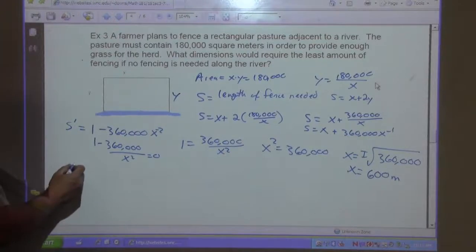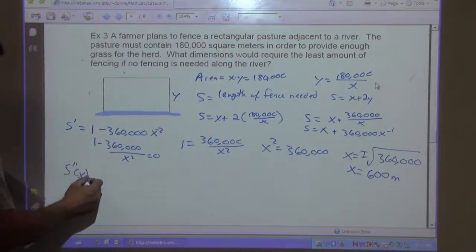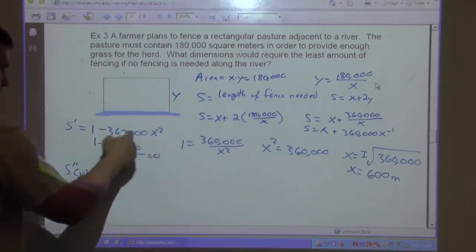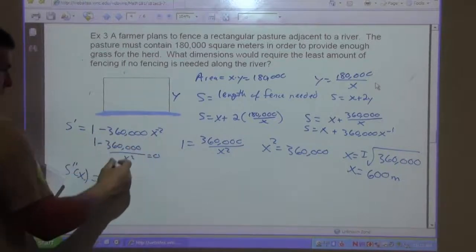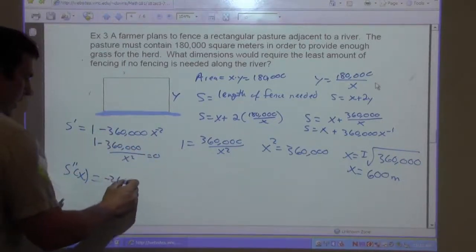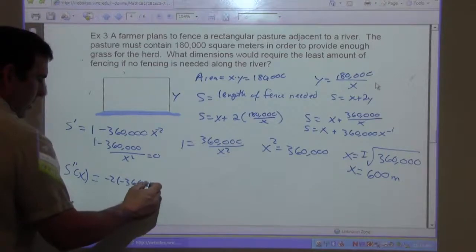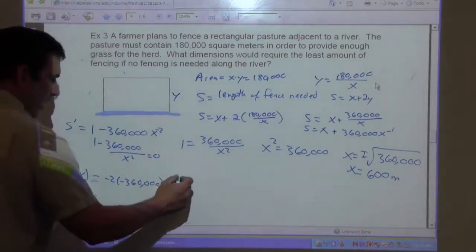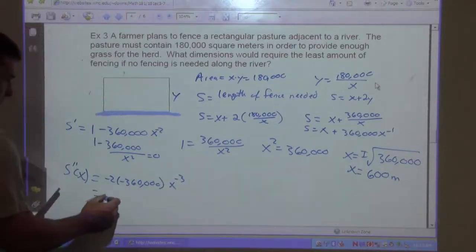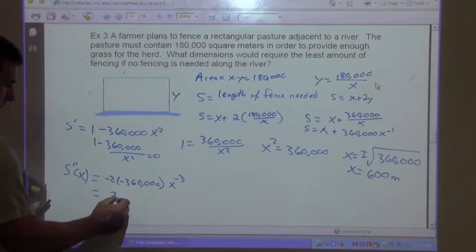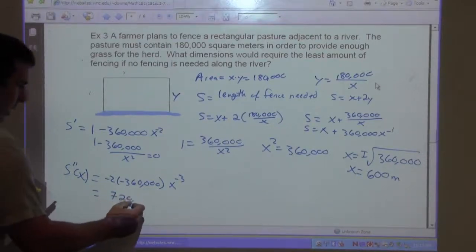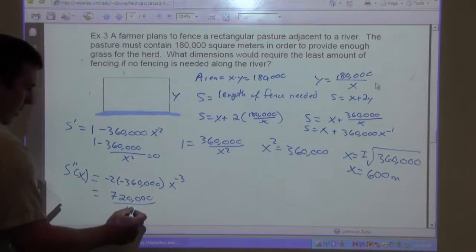Now, if we do the second derivative, we will end up with what? That's 0. We're going to have negative 2 times negative 360,000 x to the negative 3, which will give us 720,000 over x cubed.